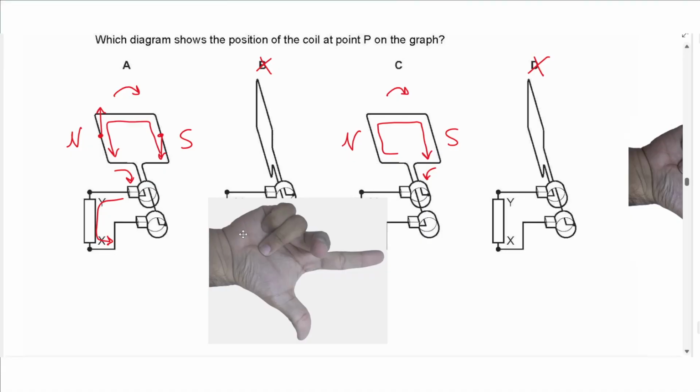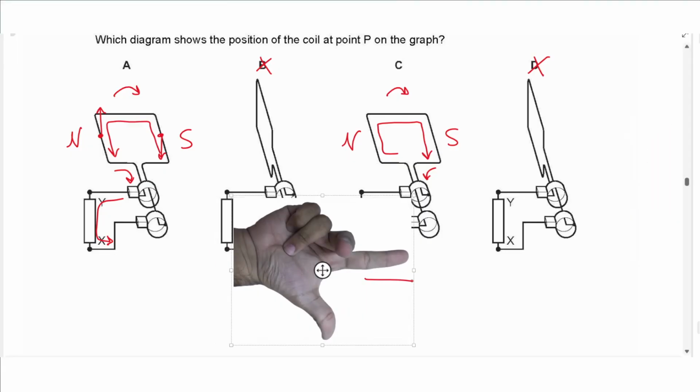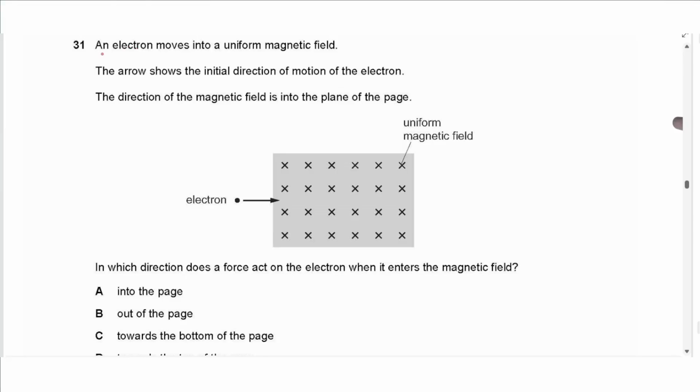Using the right hand rule, if the magnetic field is pointing to the right from north to south, and if a wire is moving downwards, the current would be out of the page. So for the current moving downwards, in A, the current is going into the page, so it's not A. In C, the wire that is moving downwards has a current going out of the page, so the answer is C.